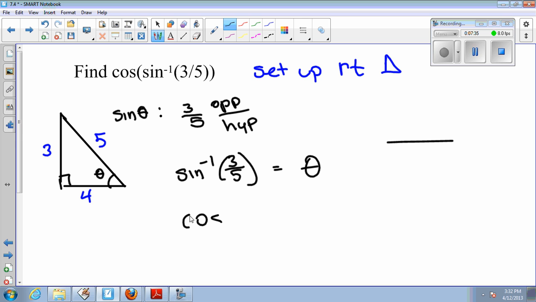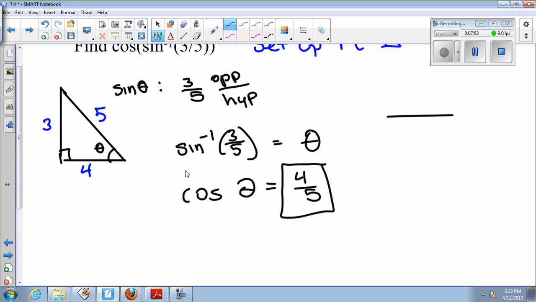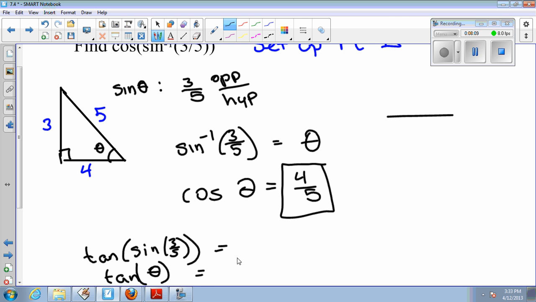So now we want the cosine of theta, and remember cosine is adjacent over hypotenuse, so we just go 4/5. If you wanted the tangent, this is just an extra one, tangent of arc sine of 3/5, we would just replace that with tangent theta, and we would get 3/4.